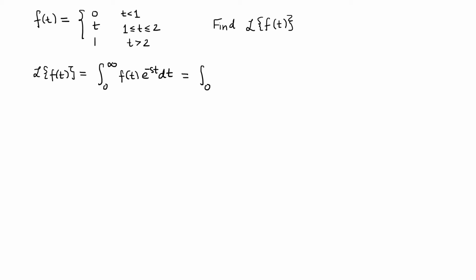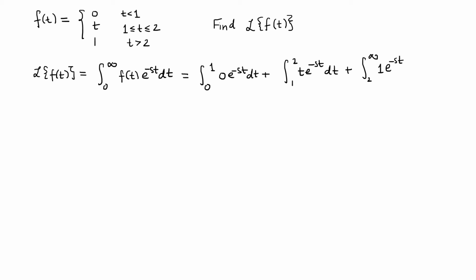So what we're going to do is break this up with one piece per definition of the function. So from 0 to 1, our function f of t looks like the 0 function. Between 1 and 2, our function looks like the t function. And then from 2 to infinity, our function looks like the constant function 1.